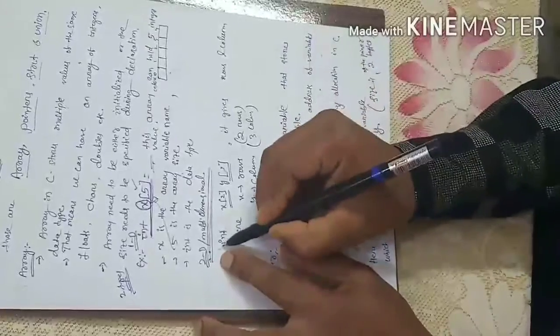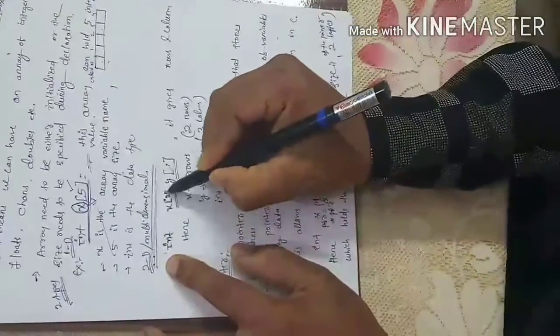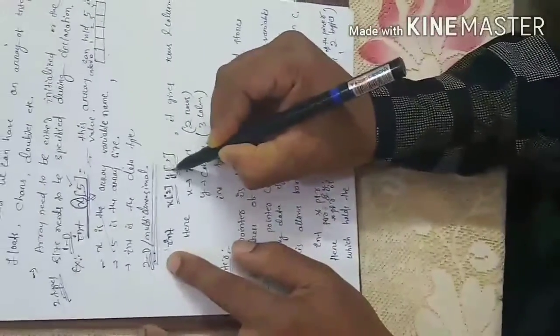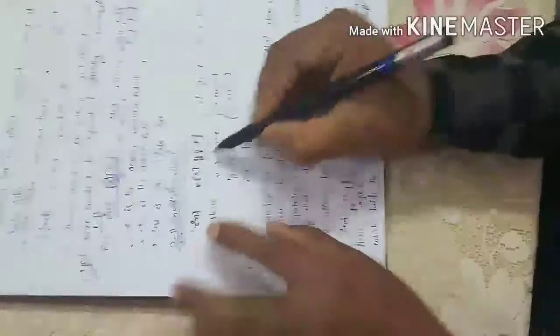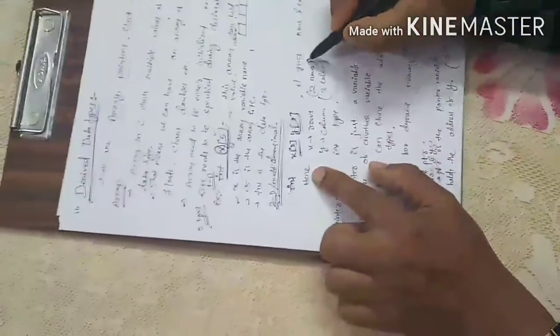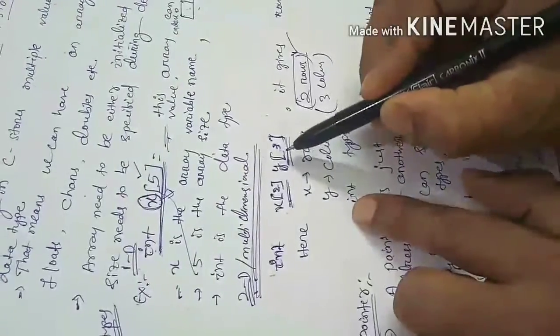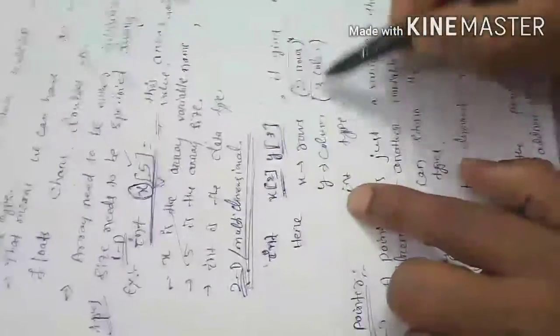If I have defined int x of 2 y of 3 suppose, then it will create a row and column: x is the row, y is the column. So the size of the row is 2, the column size will be 3.